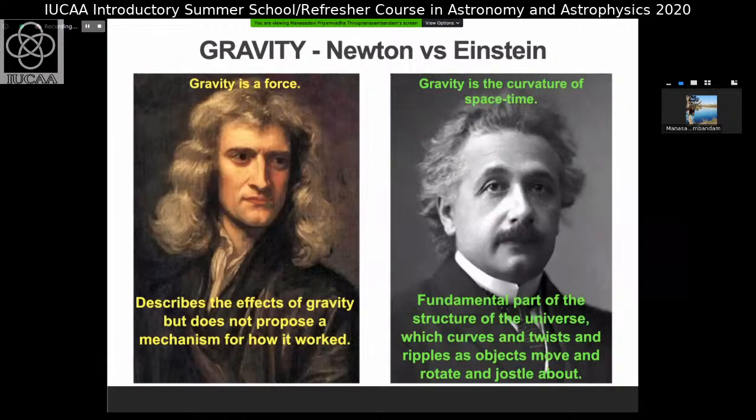As this fabric curves or twists or ripples when objects move around it, that is how you can define a mechanism as to how gravity worked. This could explain a lot of the things that Newton's laws could not explain.